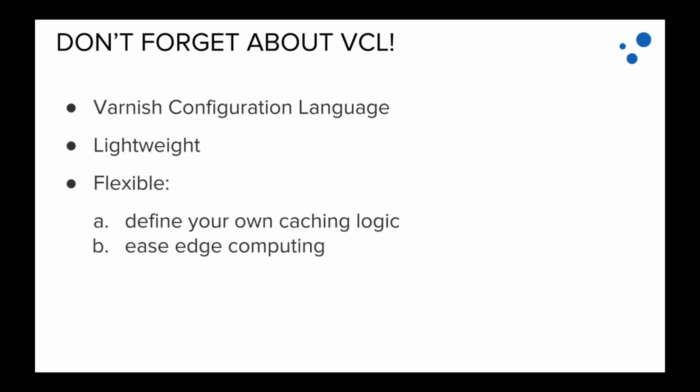logic. If you remember the slide where I was presenting what a regular e-commerce site looks like and where I mentioned fragments, it means that with VCL you can define a specific caching policy for each of those fragments, even if they're part of the same web page.